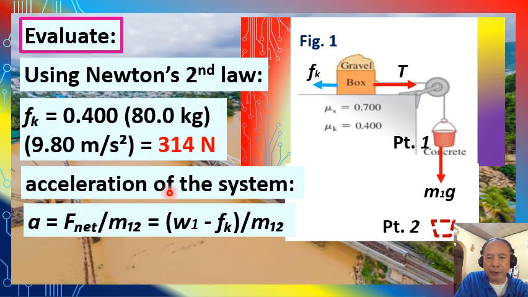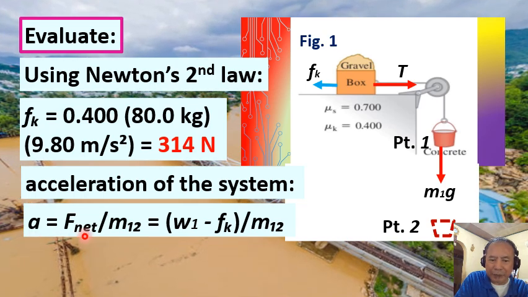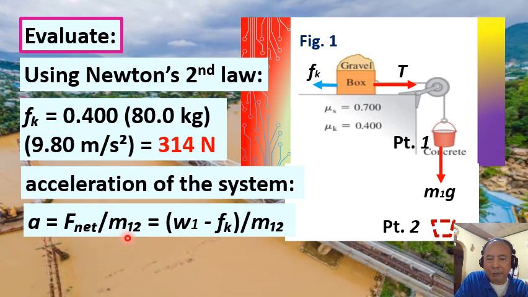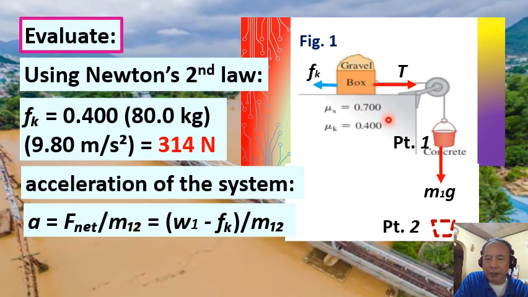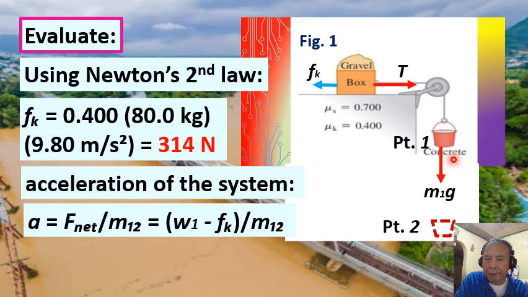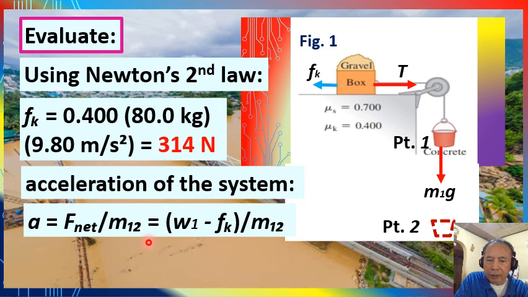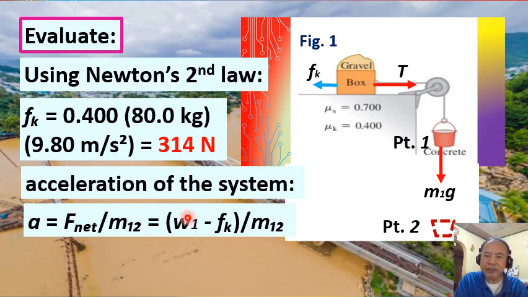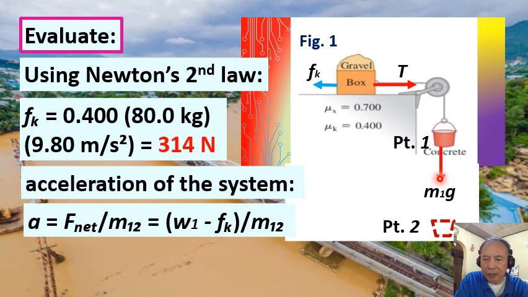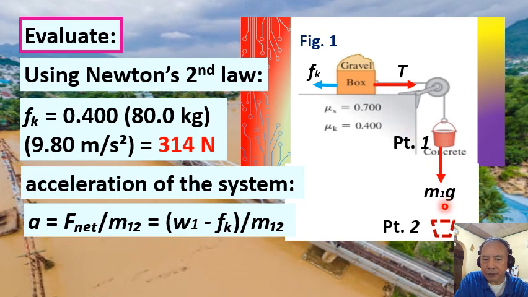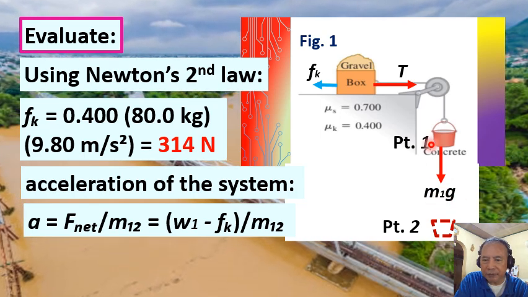And the formula for Newton's second law, of course, is acceleration equals the net force divided by the combined mass m sub 1, 2, meaning the sum of the masses of the box and the bucket of concrete. The net force exerted on the system consists of the weight of the bucket of concrete, W sub 1, or M sub 1 g.